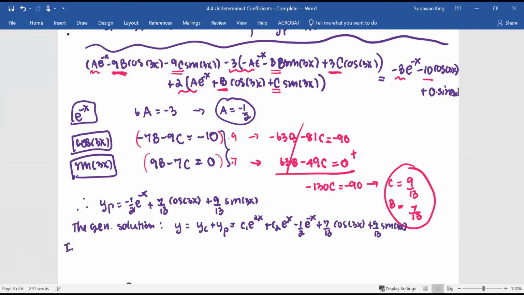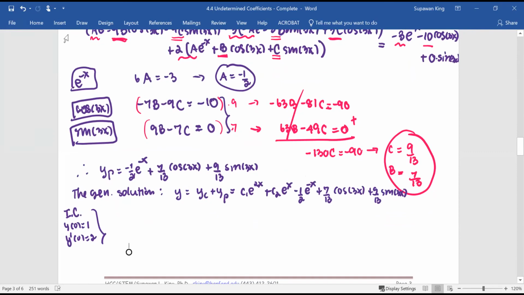Since we have two initial conditions, the first one, y at 0 equals 1 and y prime at 0 equals 2, we're going to have to use these two initial conditions to find c1 and c2.